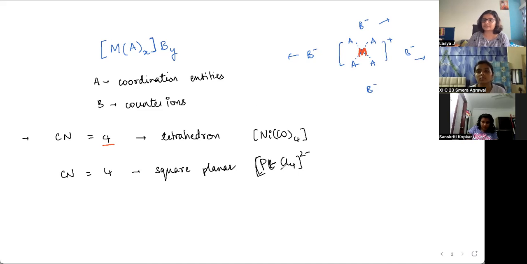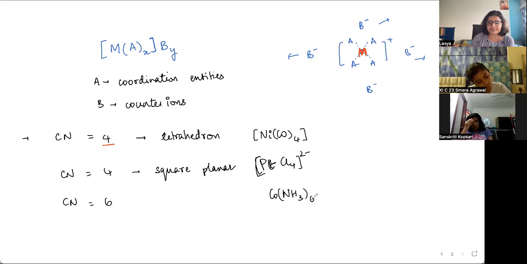But as a rough thing, if the coordination number is 4, you either get tetrahedral or square planar. And if the coordination number is 6, like in the ammonia complex we saw earlier, Co(NH3)6 3 plus, you end up with an octahedral structure.